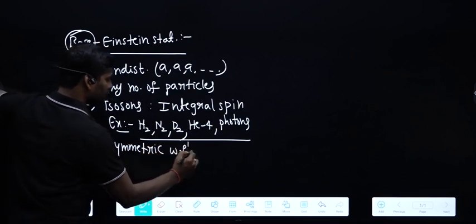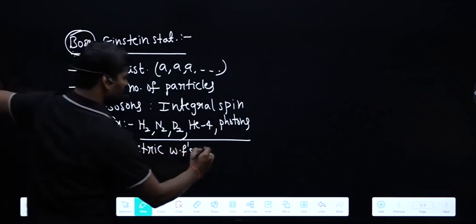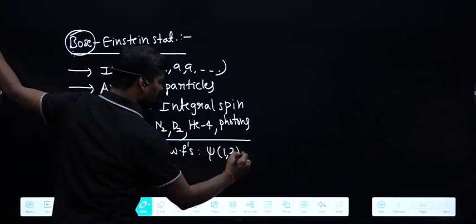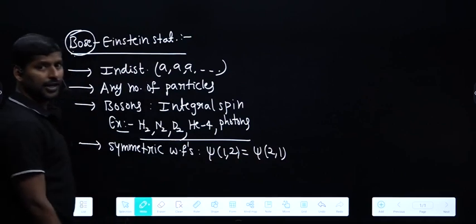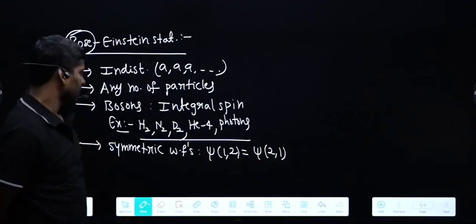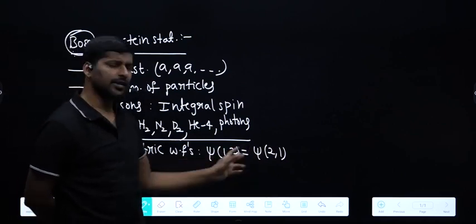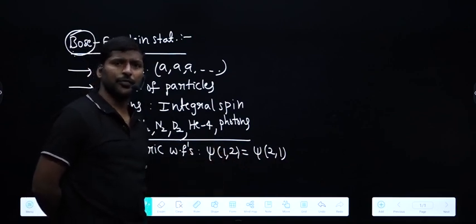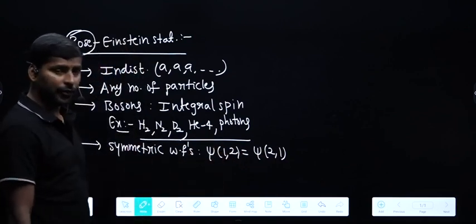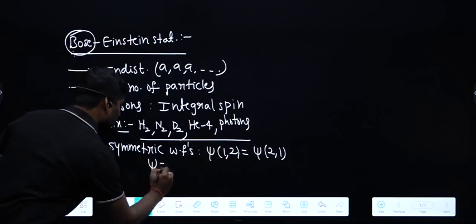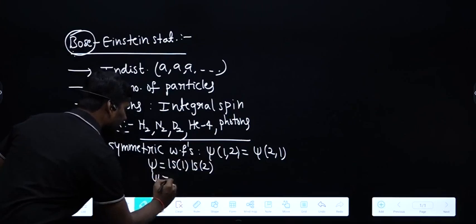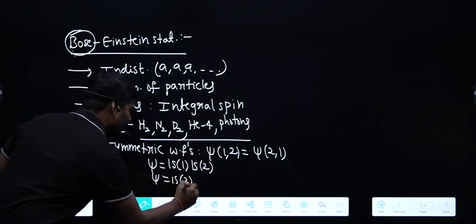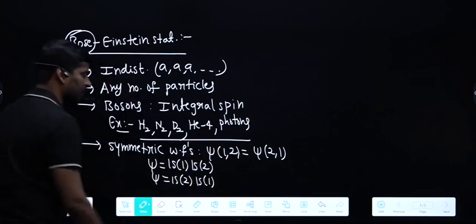Symmetric wave functions. Symmetric wave functions means, if you exchange the electrons, is there any change in the sign of the wave function or no change in the sign of the wave function? If there is no change in the sign of the wave function, that is called a symmetric wave function. For example, psi is equal to 1s of 1, 1s of 2, and now if you exchange the electrons, 1s of 2, 1s of 1, I am exchanging the electrons.